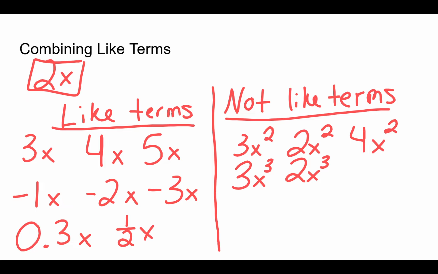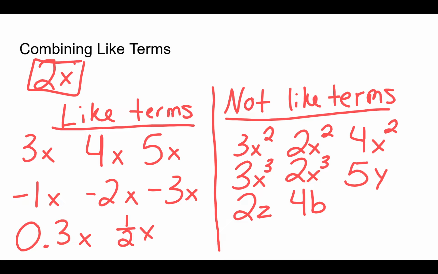So here's some others that don't match. We have 5y. That's a different letter, just like if I had 2z or 4b. These do not match because they have different letters. So we're looking for it to have the same variable, meaning the same letter, and the same exponent.